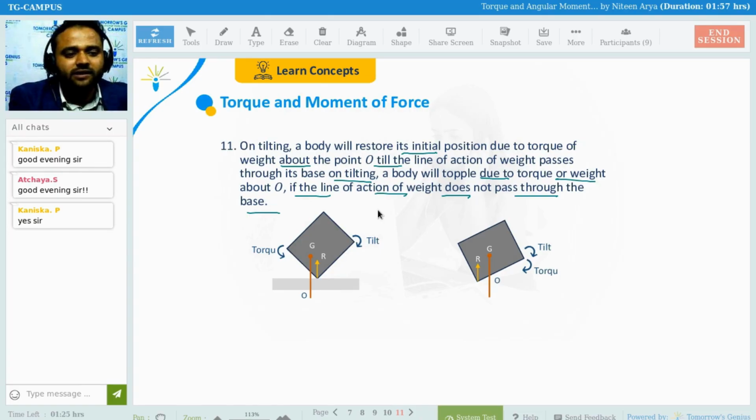Clear? It means that whenever we transport any heavy object from one position to another, majorly two or three people hold it. We generally say not to lift it too high, because it is going to topple and fall down.